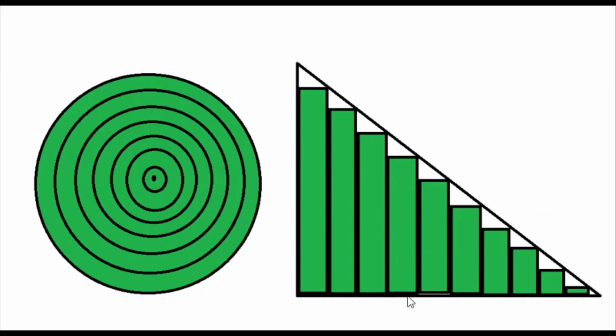And now we can solve for the area of this triangle and estimate the area of this circle. So we know that the formula for the area of a triangle is 1/2 base times height.